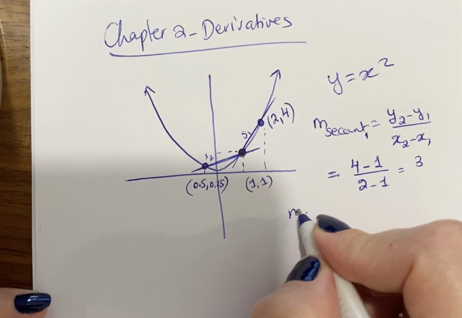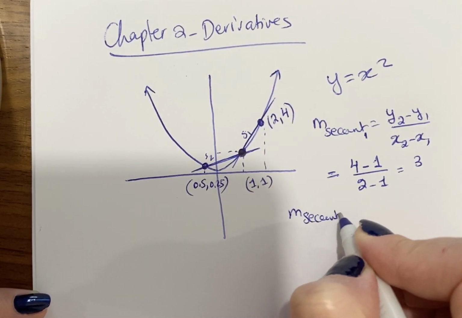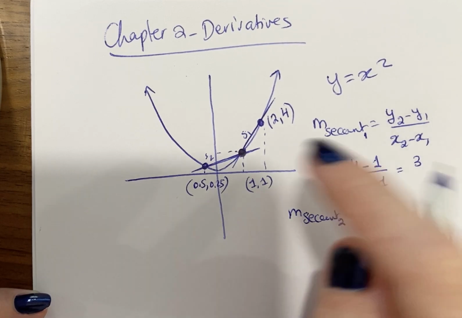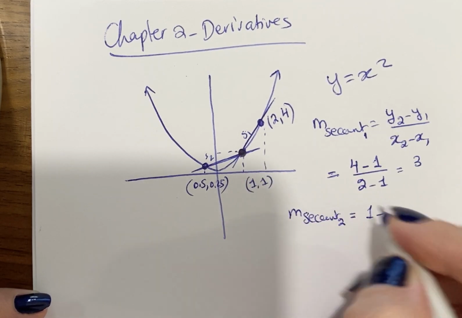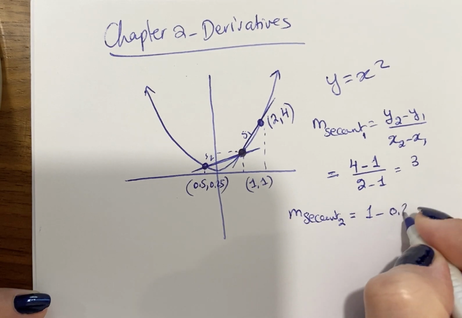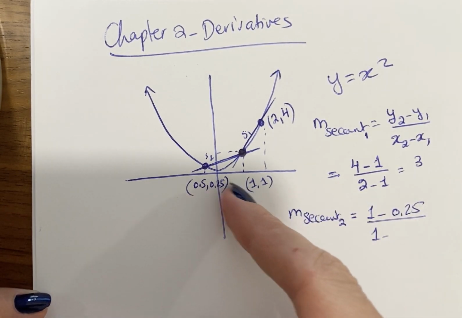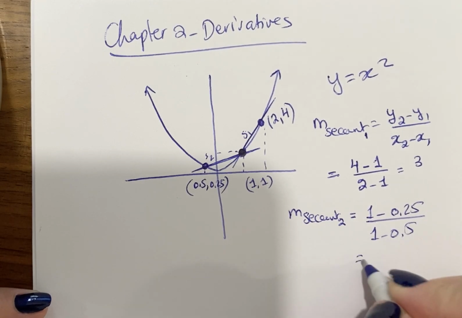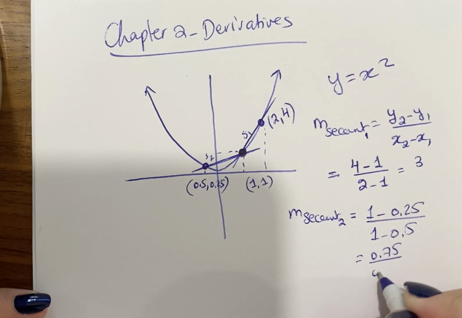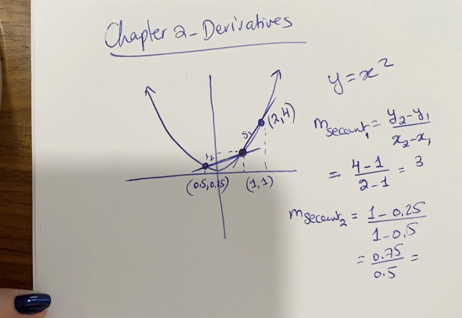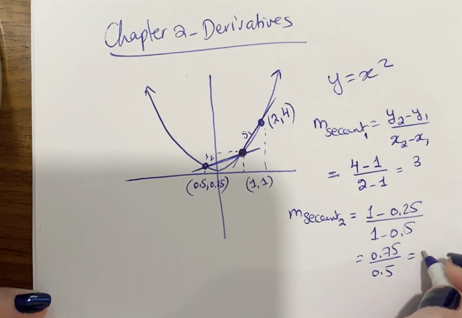Secant number 2 will have a different slope, because again I do y2, which is 1, minus y1, which is 0.25, over x2 minus x1, which is 1 minus 0.5. This gives me 0.75 over 0.5, which is how much? 1.5.